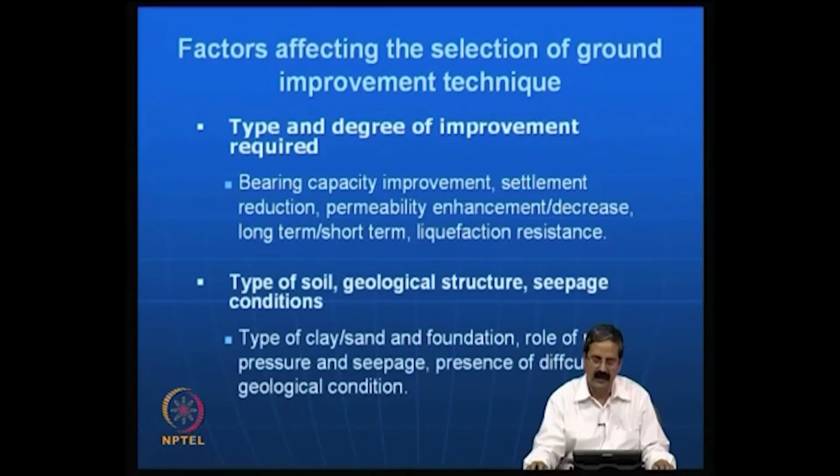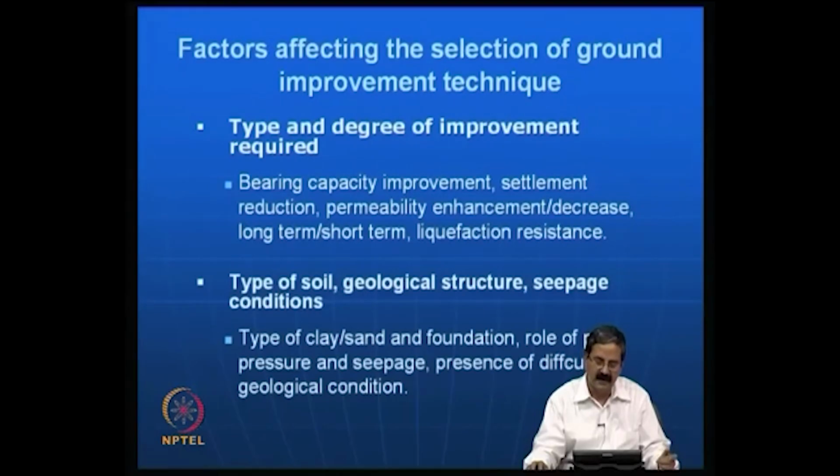Bearing capacity improvement can be obtained by many means: one can use stone columns, reinforced earth, cement slurry injection, or addition of fly ash. So, the factors affecting the selection of the improvement are very important. We should look at the type and degree of improvement required.